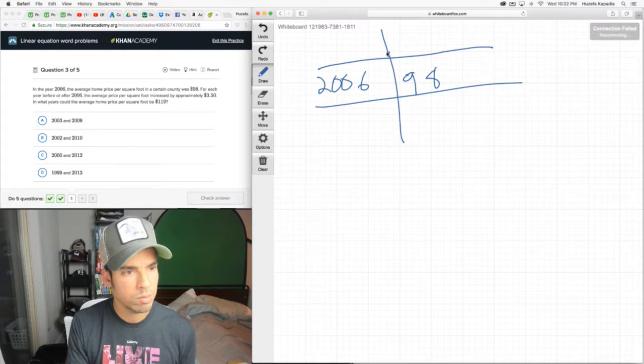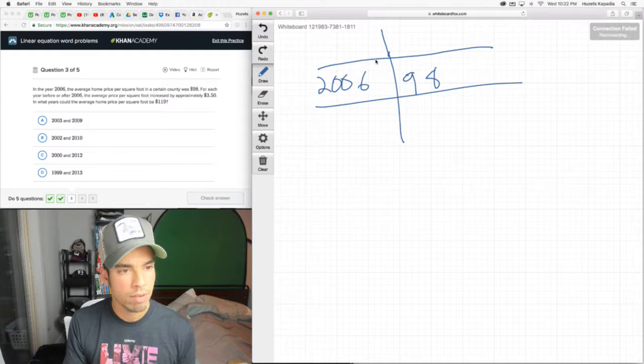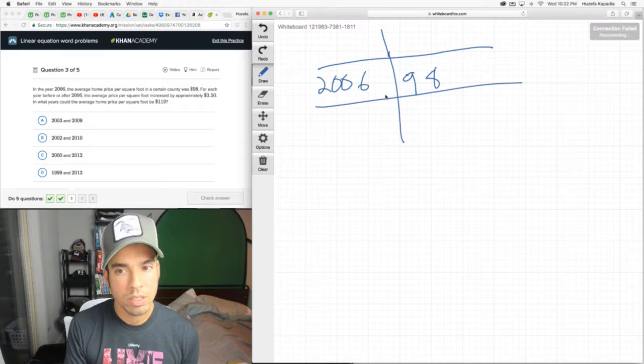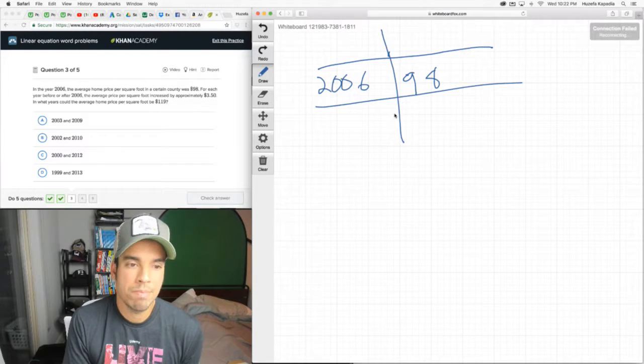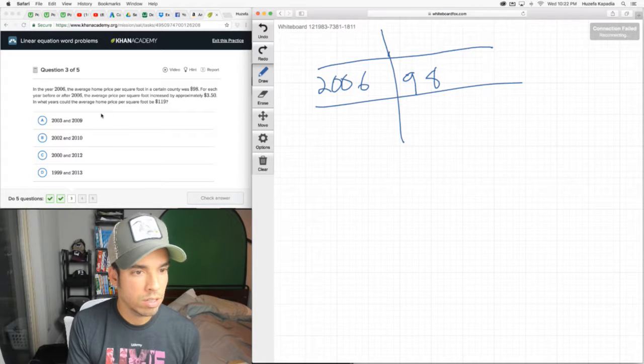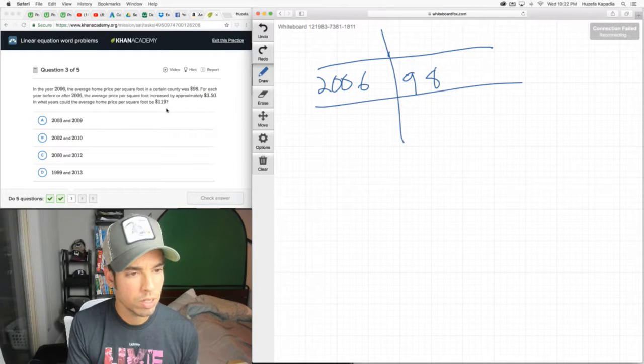Oh, so it's always increasing by $3.50. And for each year before or after. Oh no, it's always increasing by 3.5. So when is it going to be 119? In what years could the average home price per square foot be 119?